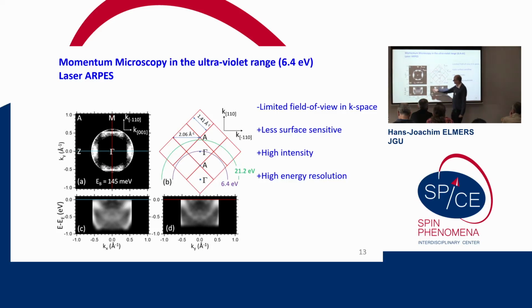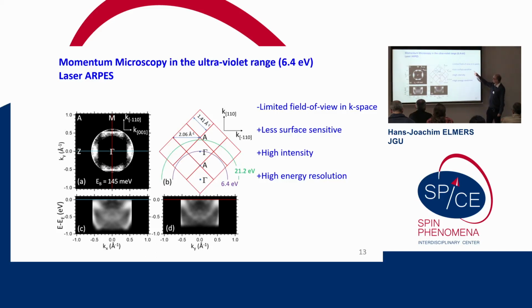This is shown here. So here this is the intensity map, and we just see something from this one band here at the edges of our field of view. But you see here nicely the dispersion. This is the gamma m direction, so the red line, which is hard to see here, corresponds to this figure. So the gamma m direction, which was our interesting direction, shows this dispersion here, so this we can see.